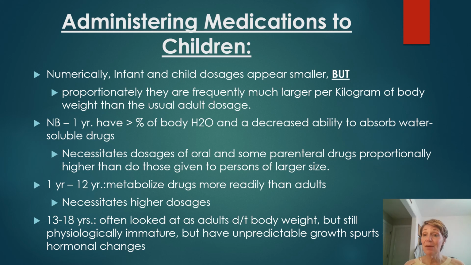So we have to give them higher dosages per body weight because they'll metabolize the drug and excrete it much, much more quickly. Once children hit the age of about 13 to 18 years of age, certain drugs still may be separated, but for the most part, we're going to look at them as an adult in terms of the parameters we would use for dosing.